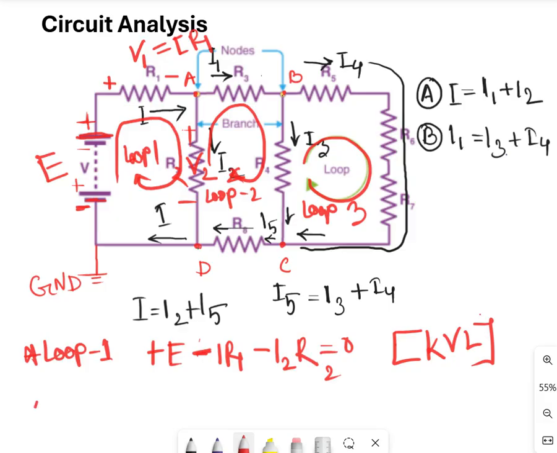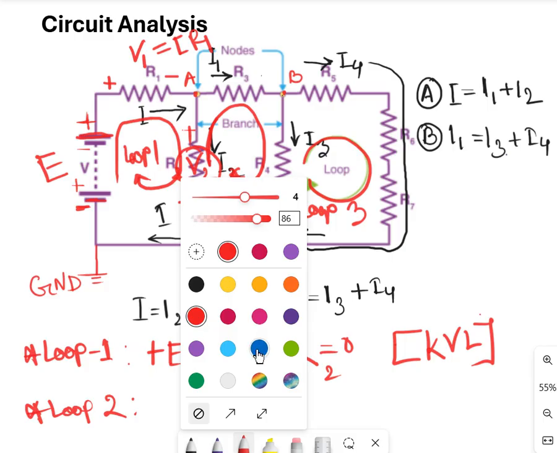Let's try another one, for loop 2. For loop 2, let's start with this one, the same as V2, right? So from V2, now we should use another color pen.